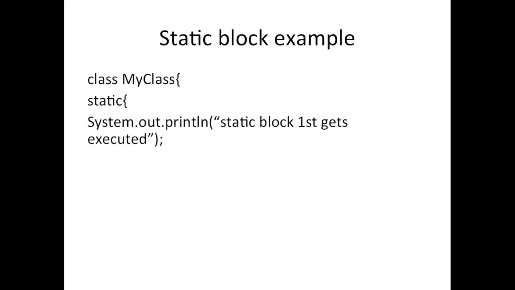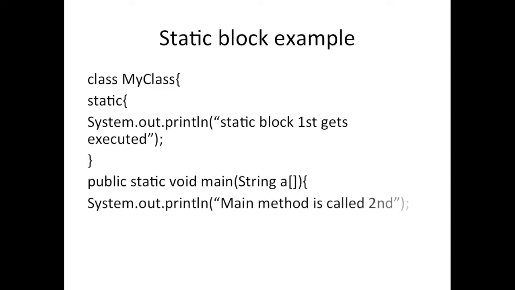In the sysout we have written "static block", which first gets executed, because this would be the first block that will be getting executed even before the main method. So we are writing the main method over here, then we are putting a System.out.println. So the output of this would be that the static block would get printed first, then the main method would get executed.